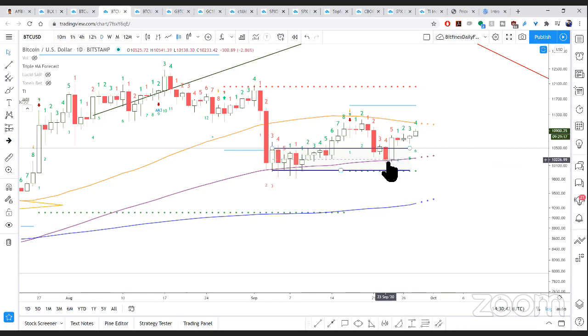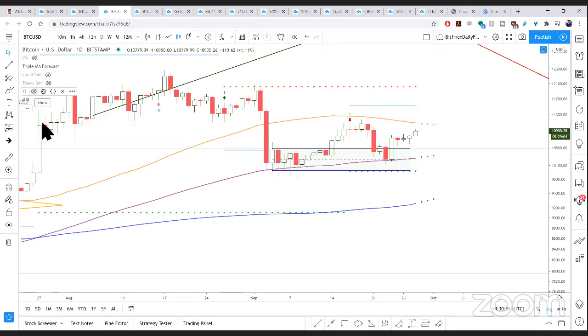Daily chart bounced right off the 128-day moving average once again. But if you guys recall, my last video was on Friday. Again, we can turn off the TI. I don't really need it. There we go. As you can see, it just clutters the chart at this point for me.